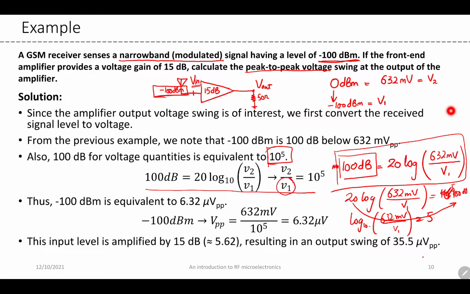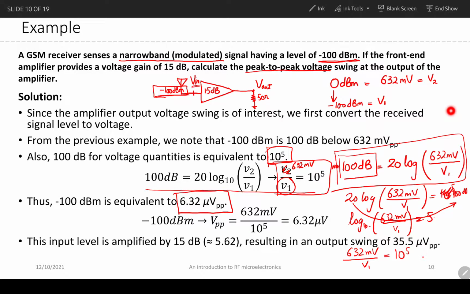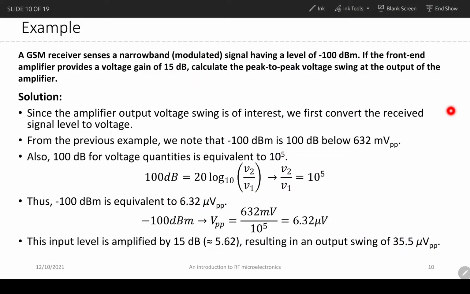Then you take the antilog, and you have 632 millivolts by V1 is 10 to the power 5, which is exactly what's written here. So V2 is 632 millivolts. So then you can calculate V1. So V1 comes out to be 6.32 microvolts. Let me clear the screen so we can see things better.